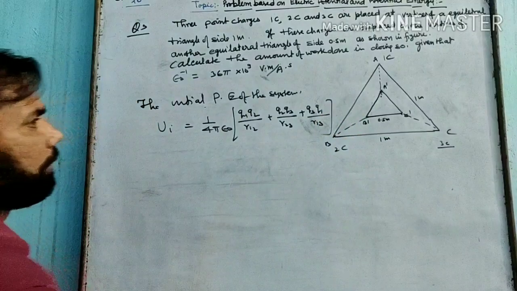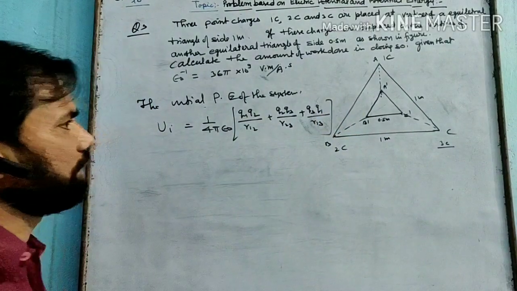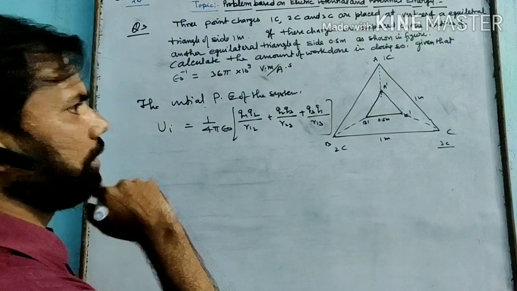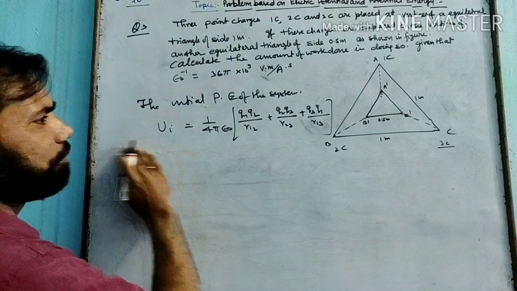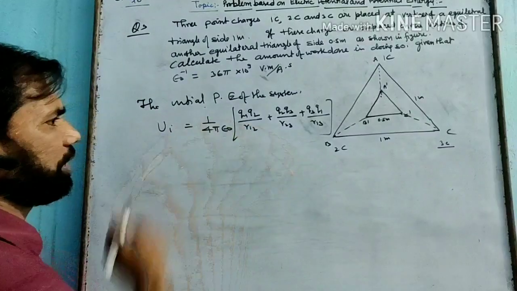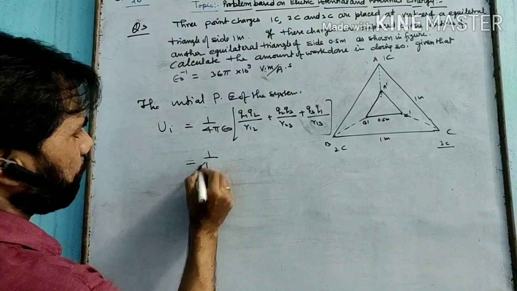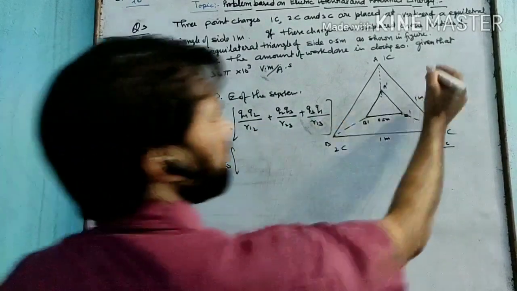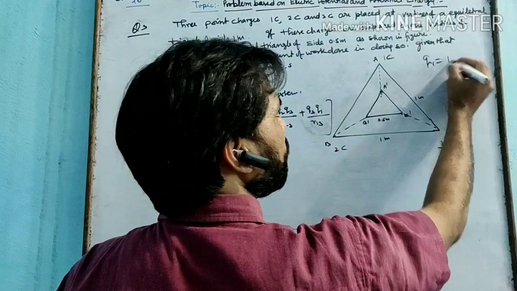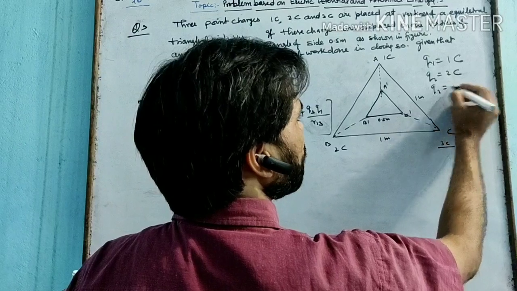Okay, here charges are different, so we write this expression. As you know from the earlier lectures, we have discussed that the potential energy of any 3-point charge system will be written like this. So we have 1 upon 4 pi epsilon 0 q1 q2 in this given problem. q1 is equal to 1 coulomb, q2 is equal to 2 coulomb and q3 is equal to 3 coulomb.